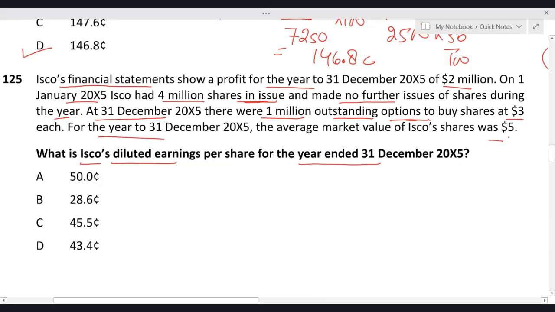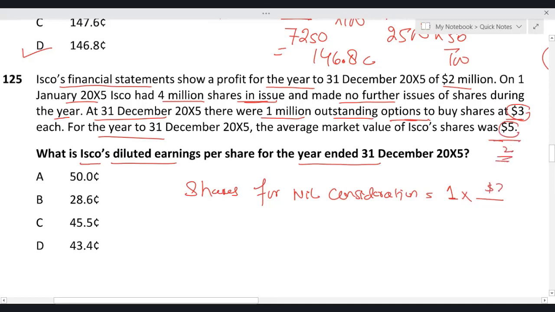So in case of share options, you just need shares for nil consideration, because shares for nil consideration are the ones which are going to dilute your EPS. So simply calculate shares for nil consideration. We have 1 million share options outstanding, multiplied by the exercise price of $3 against the average market price of $5. It means we are not charging $2, divided by average market value.